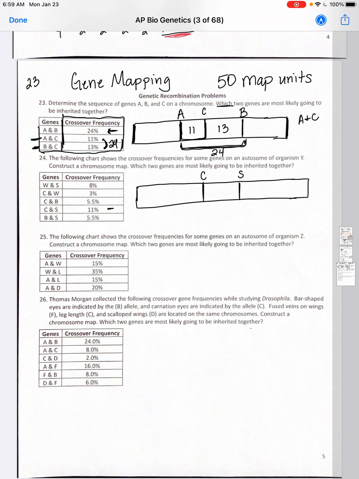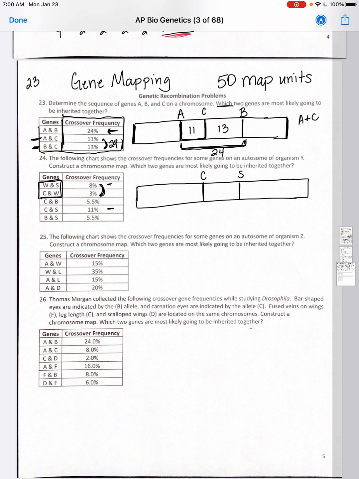Then from there, we're going to look at other percentages. We have an 8 here, which is our next biggest. But if you notice, if we're going to map W, between W and S is 8. Look at what else you know about W. They're giving us things about W right here. They're saying W and S is 8, but C and W, which we've already mapped C, is 3.